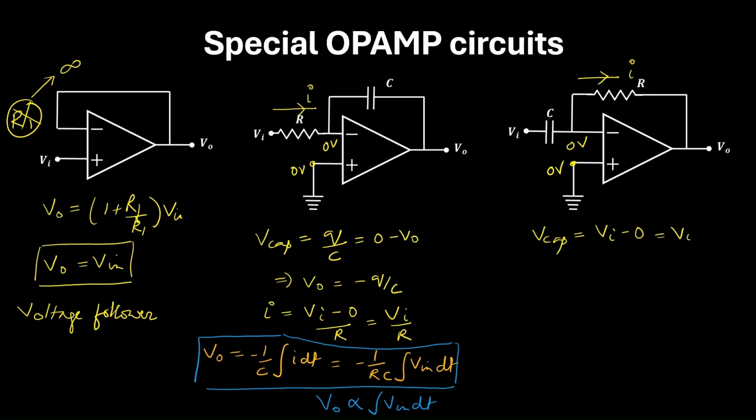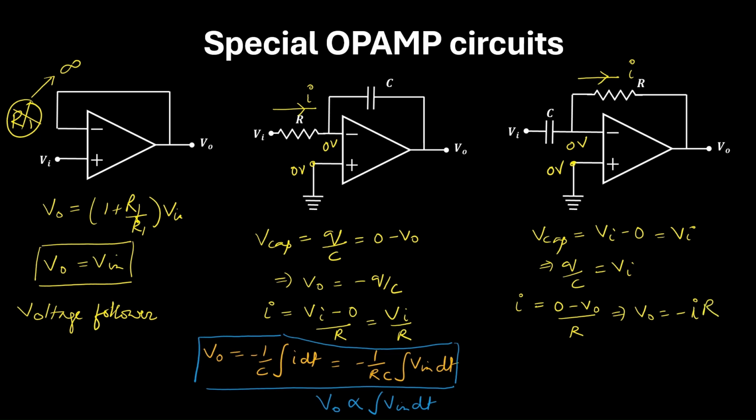So this is Vi, and V cap we can also write as Q by C. This is equal to V input. Now what about the current flowing through R? Current flowing through R we can write as I is equal to 0 minus V naught by R. So V naught is equal to minus IR.